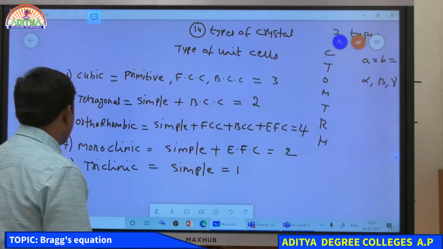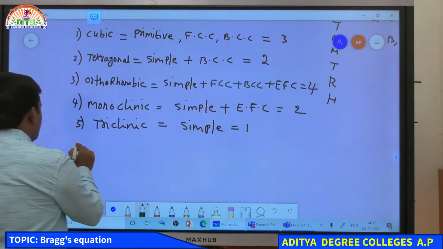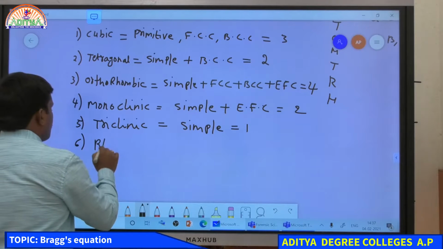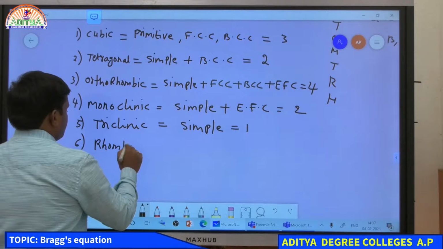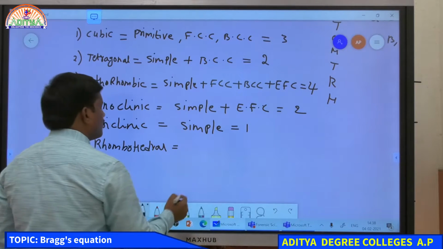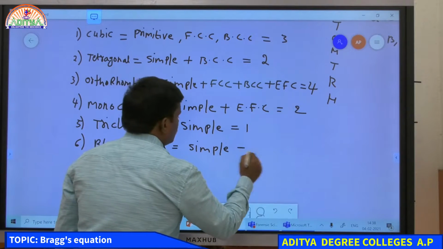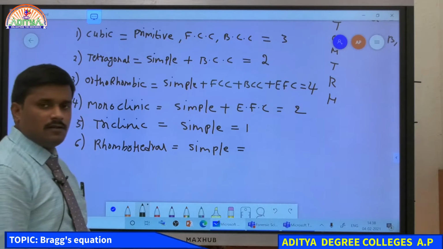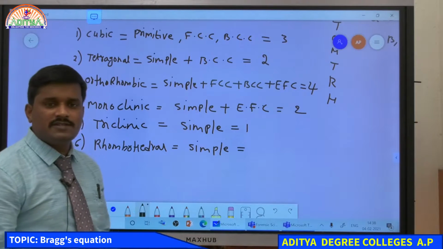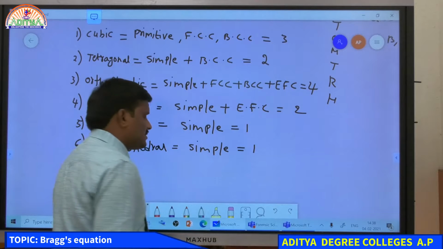And next, the sixth one, rhombohedral. In the case of rhombohedral, the Bravais lattice is only simple rhombohedral. It means there is only one unit cell present in that crystal, therefore it has only one Bravais lattice.